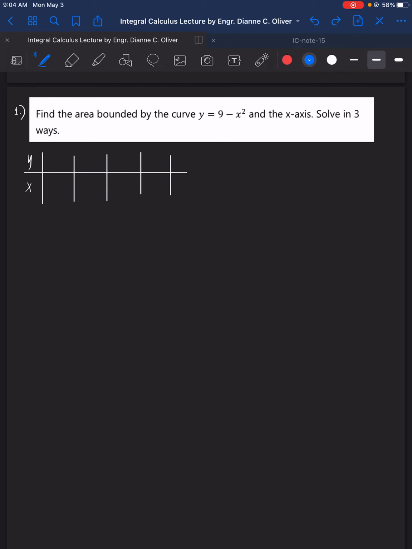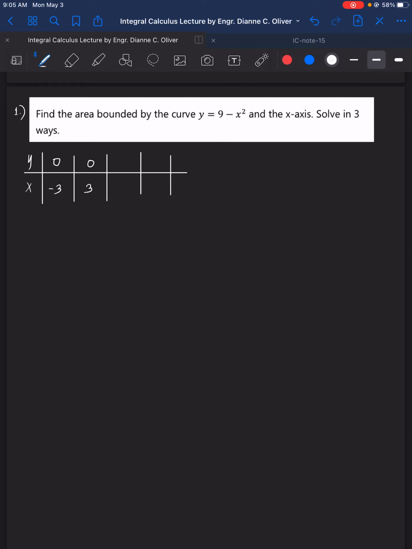If we substitute the value of y as 0, we can get the value of x as either 3 or negative 3.